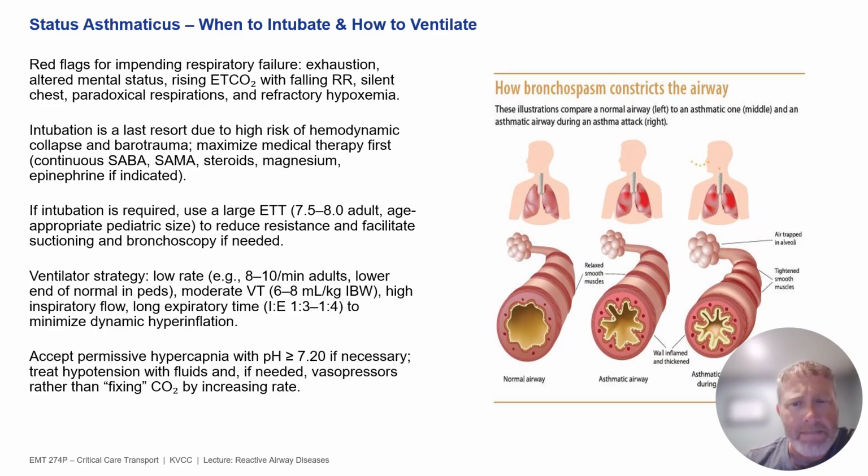You'll want a modest tidal volume, so take that 6 to 8 mLs per kilogram predicted body weight calculation and err on the side of the middle even. Start with 7 and go from there. And always allow a long expiratory time with an I:E ratio of at least 1 to 3 or 1 to 4.